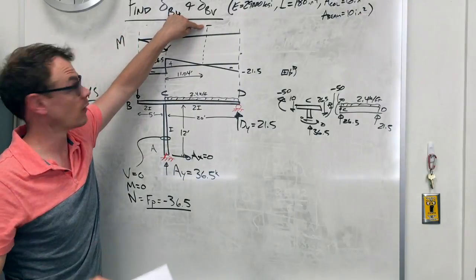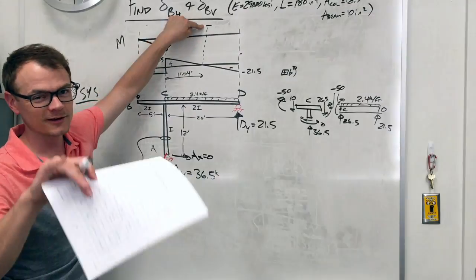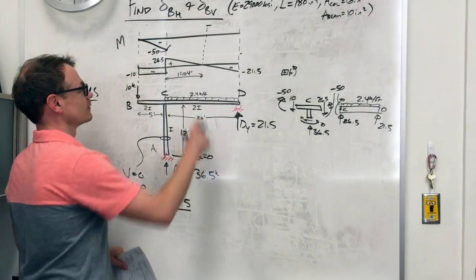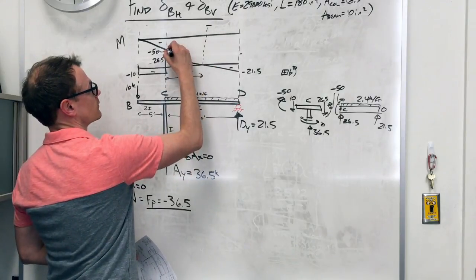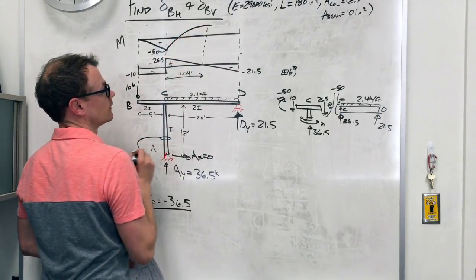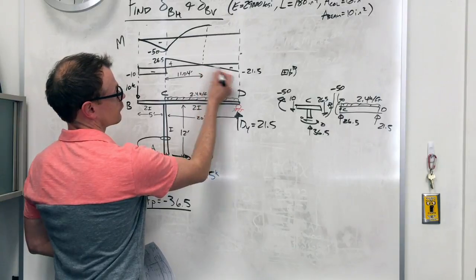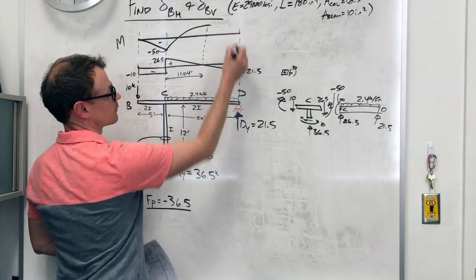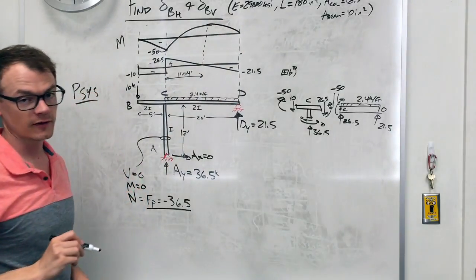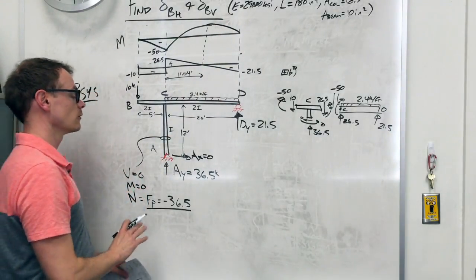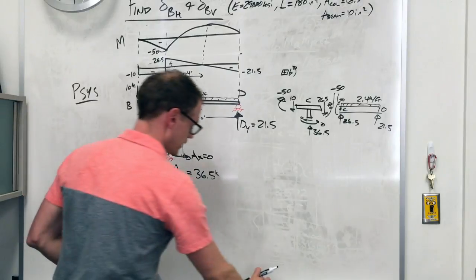Maybe it doesn't go all the way up to positive, but I already did the math, so I already knew that. But you can check yourself, right? So positive slope, I end at 0 slope, means I must go like this. This is now 0 slope down to negative slope, and I have to end at 0 because this is a roller. So I have some shape like that. Okay, so that was kind of just the frame analysis part, right?